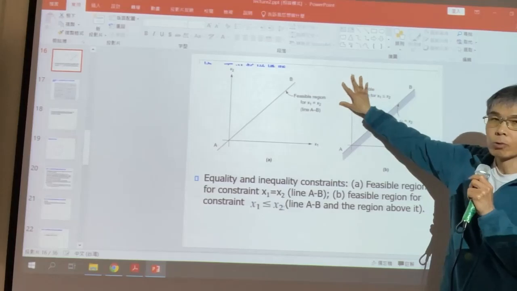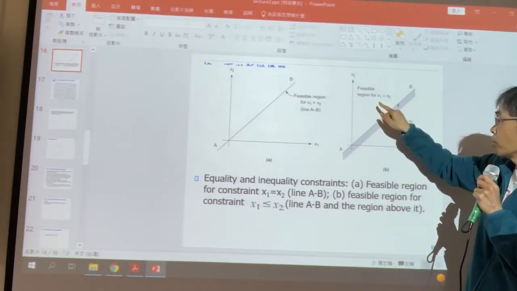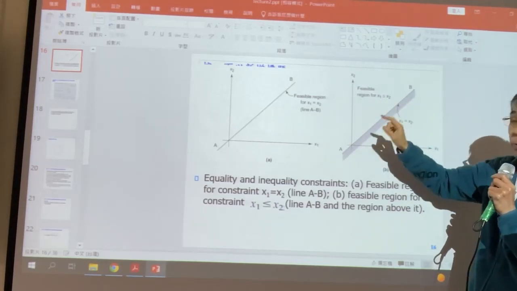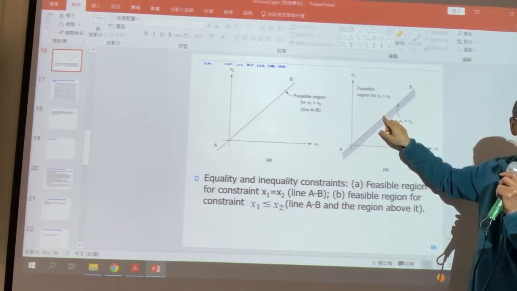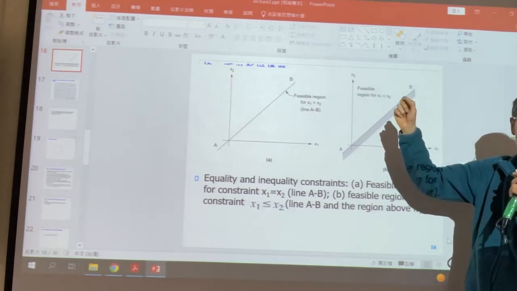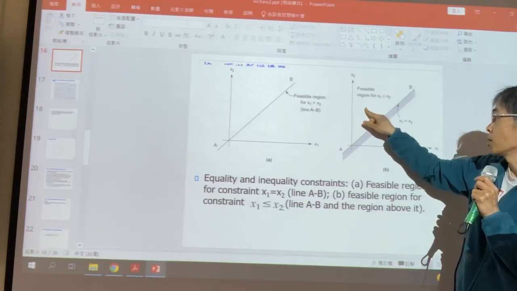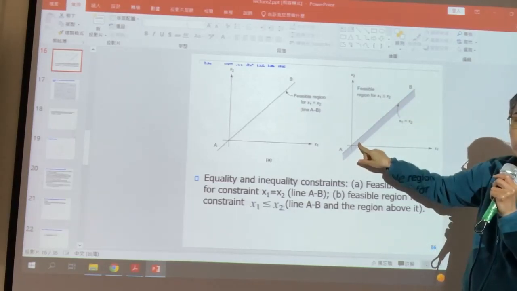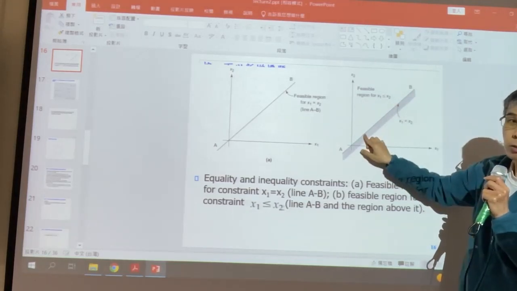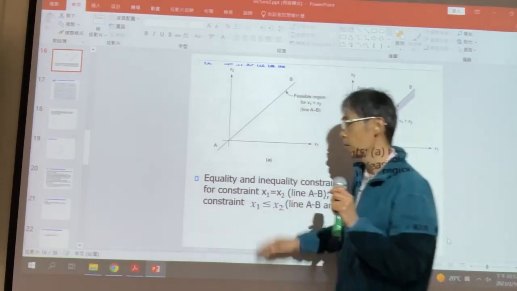So if you do your optimization, eventually you get your ultimate point. If your ultimate point is here, this is the inequality constraint, and your ultimate point is on this boundary. So this inequality constraint is active. If your start solution is not on this inequality constraint, not on this boundary, it means this inequality constraint is inactive. Okay? So this is the point.